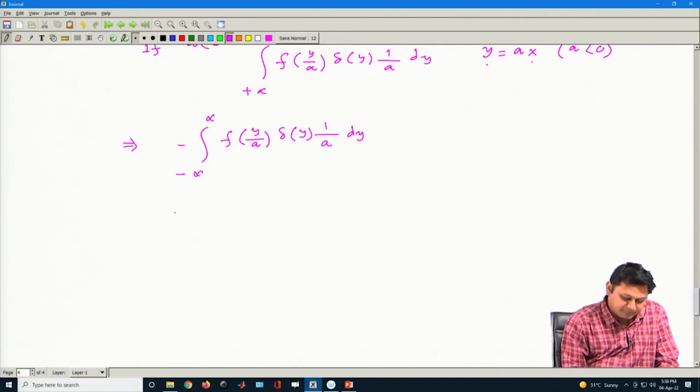So, I will get simply minus of 1 by a f of 0, that is the value I am getting, and that is my equation 2.